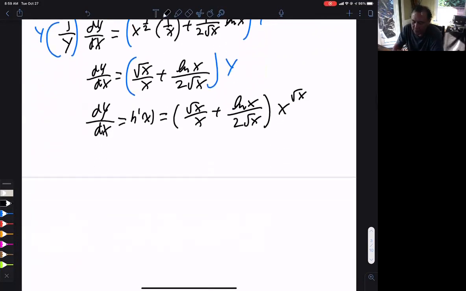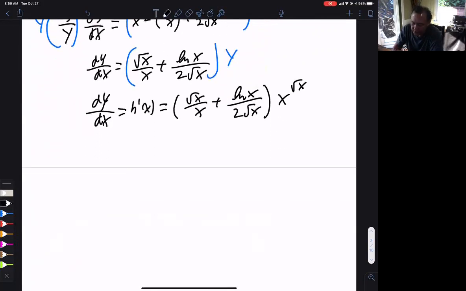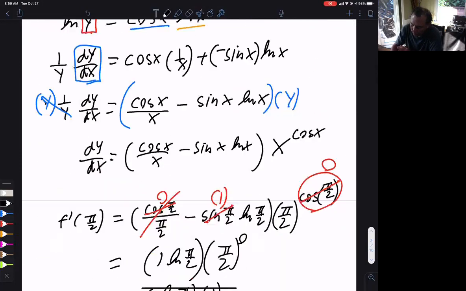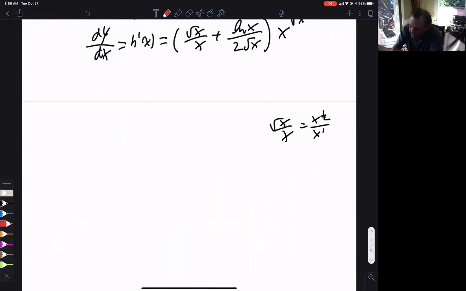Now, just as a side note for all of you, you don't have to do this on this problem, but we have square root of x over x right here. That you can simplify because this is x to the 1/2, this is x to the 1, and the rule is if you move this to the bottom, you change the sign of that exponent to negative.